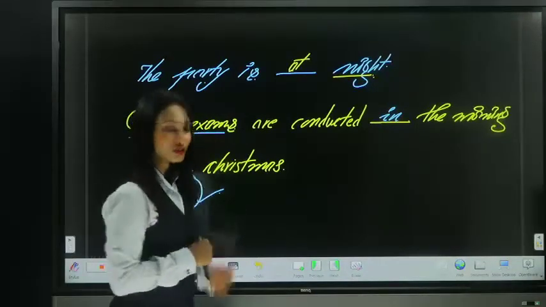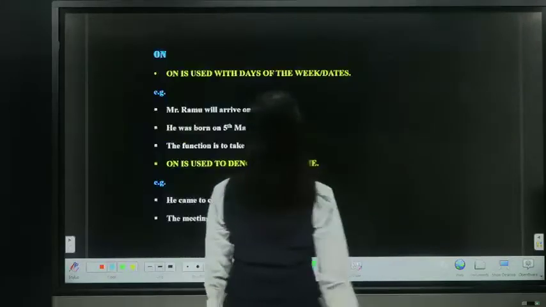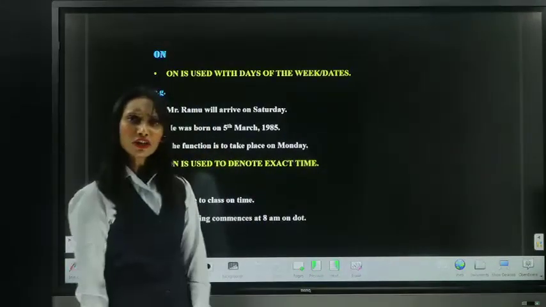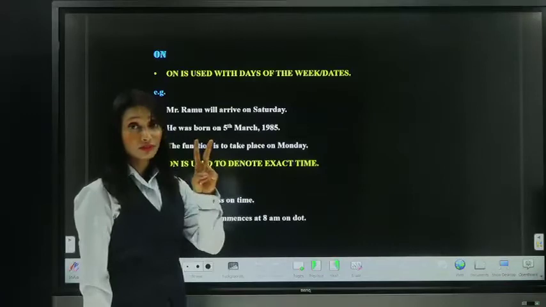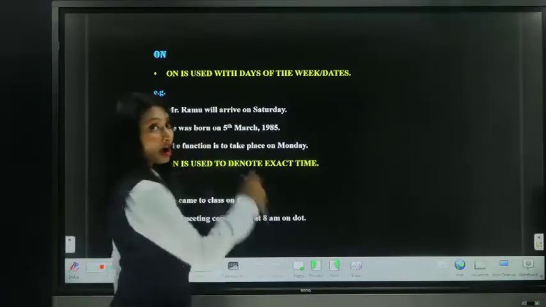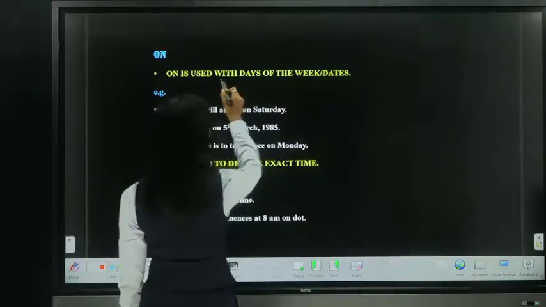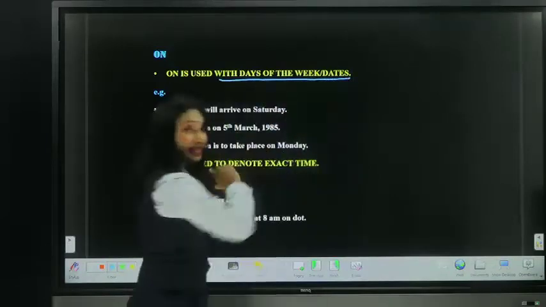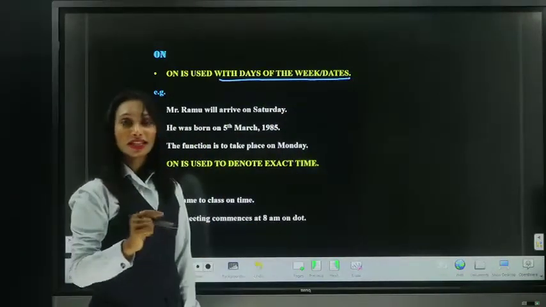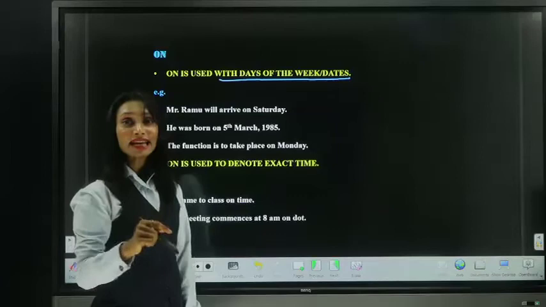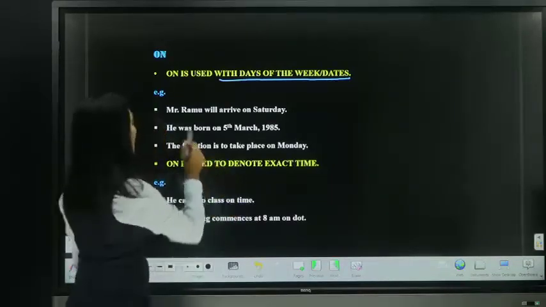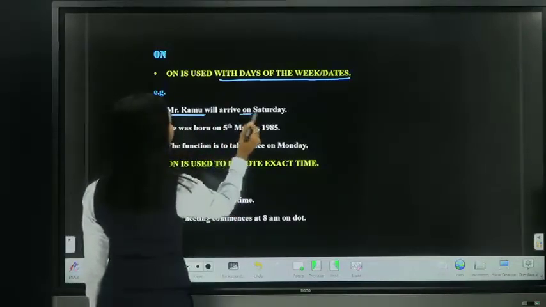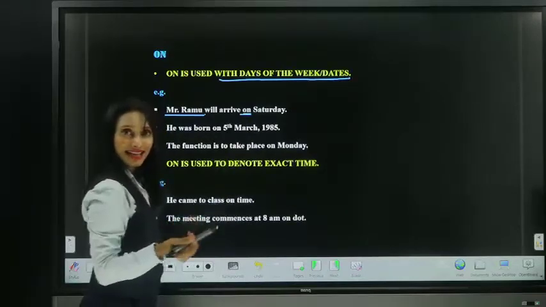Now let's move on to the next preposition, that is "on". When do we use "on"? There are two uses of the preposition "on". One, "on" is used before the names of days and dates. For example, Mr. Ramu will arrive on Saturday.